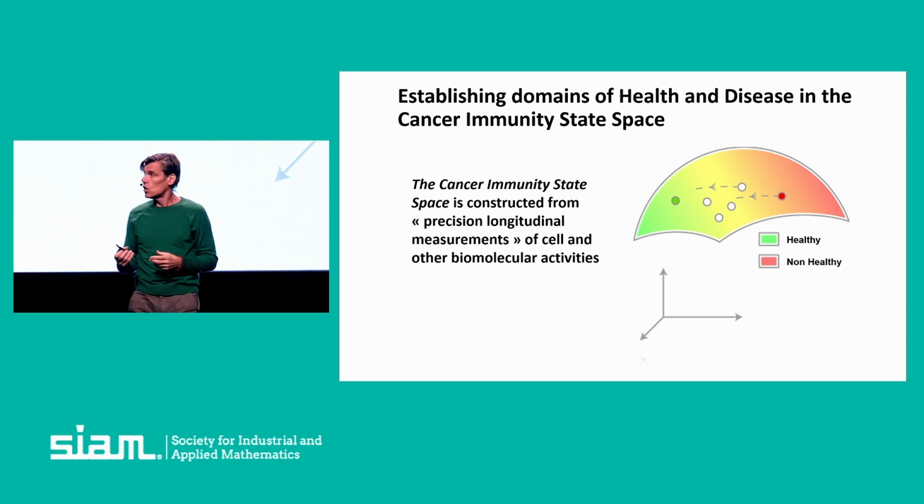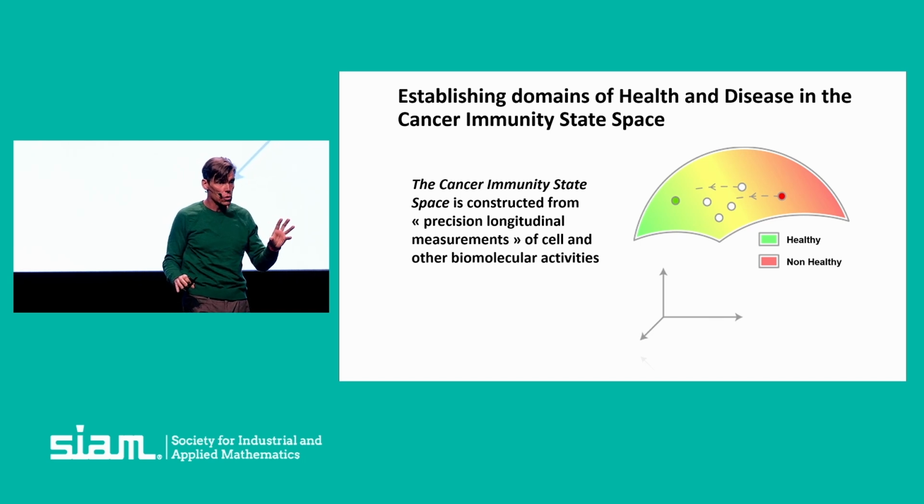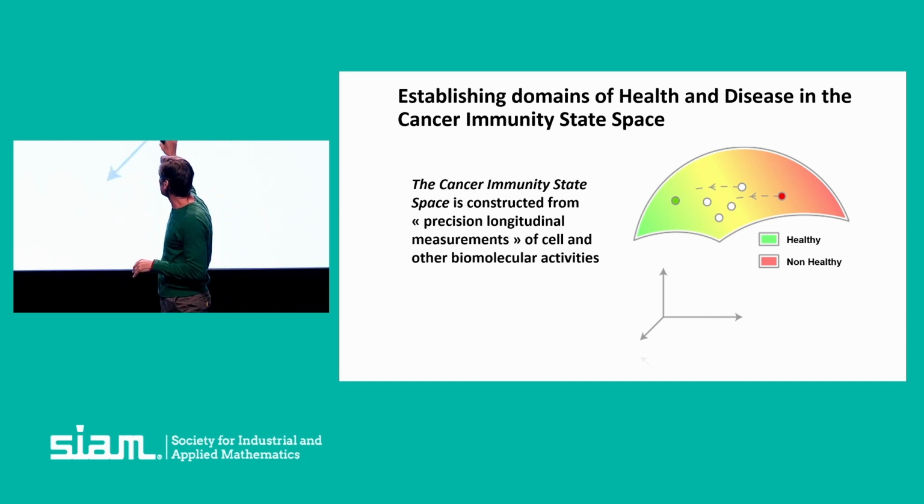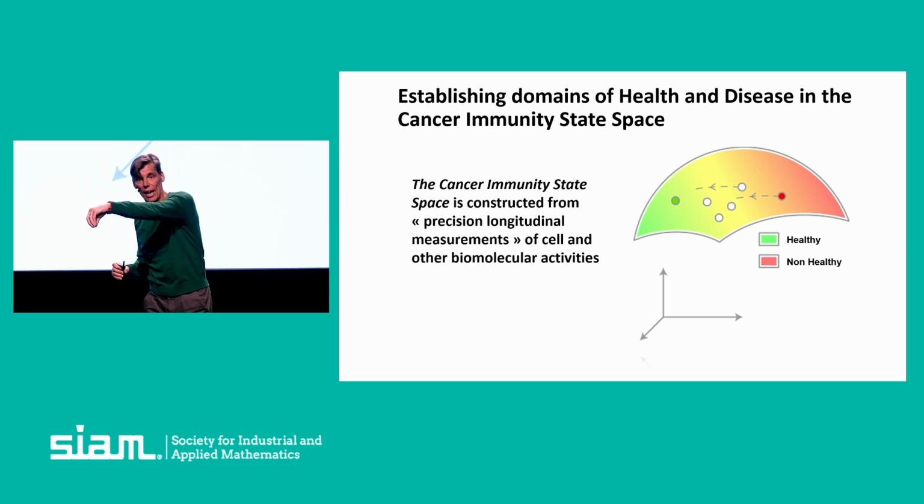And based on this, we hope to be able to, by mathematical modeling, map out the cancer immunity state space to understand where I, as a patient, am in this space, if I'm approaching a more healthy state or not. This is the hope we have.